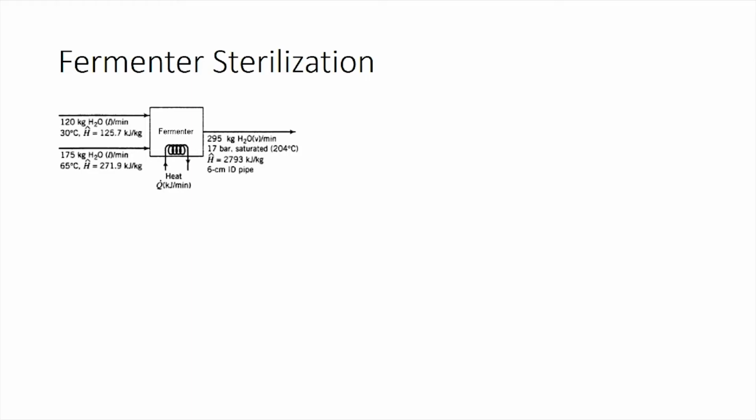The next term we need to calculate is the change in kinetic energy. As we are assuming the kinetic energy of the inlet streams is 0, calculating the kinetic energy of the exit stream will give us the total change in kinetic energy. For calculating the kinetic energy of the exit stream, we need to calculate the velocity. For that we need to calculate the volumetric flow rate divided by cross sectional area.